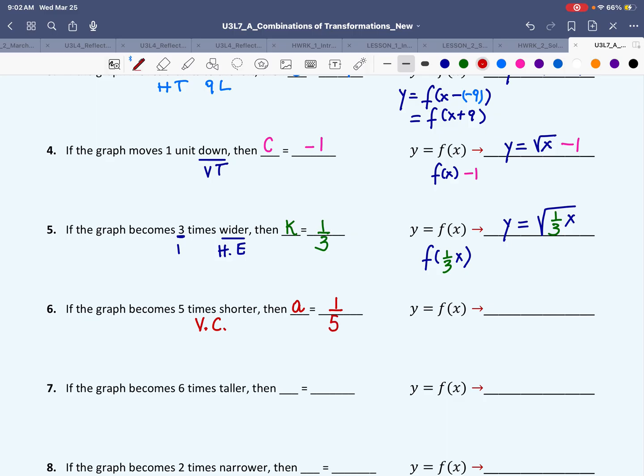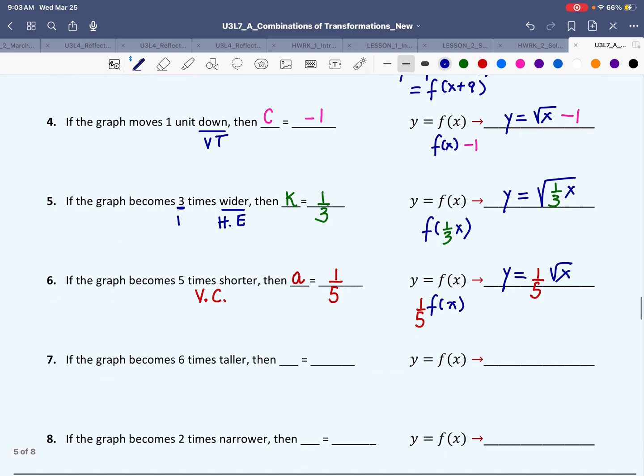So the function now has become f of x multiplied by 1/5. So the y values have changed to become 1/5 of the original.